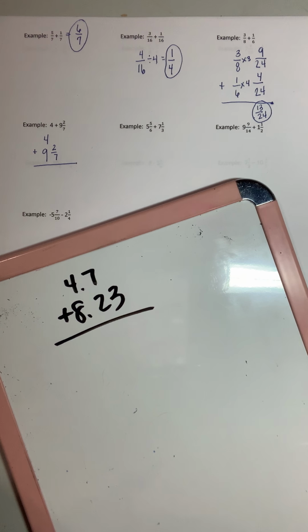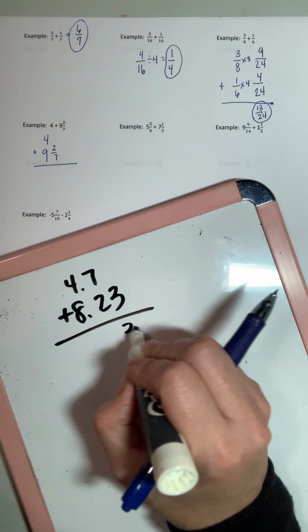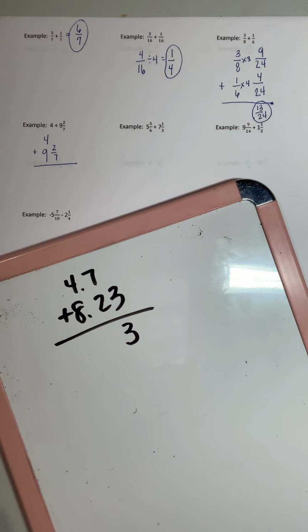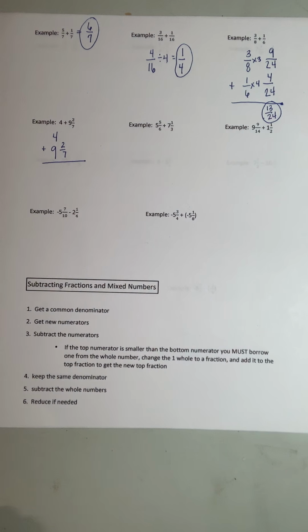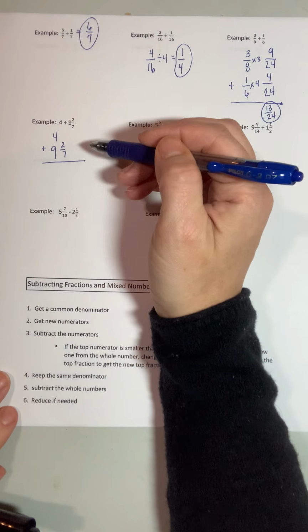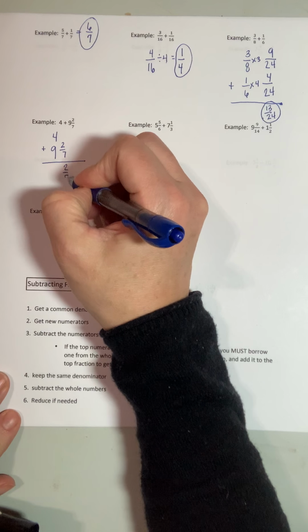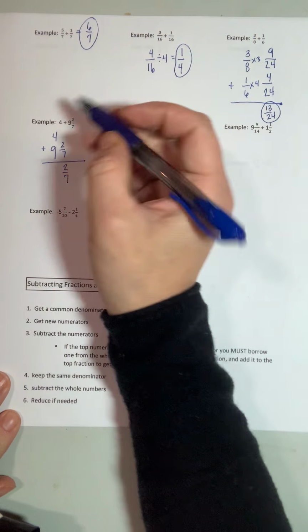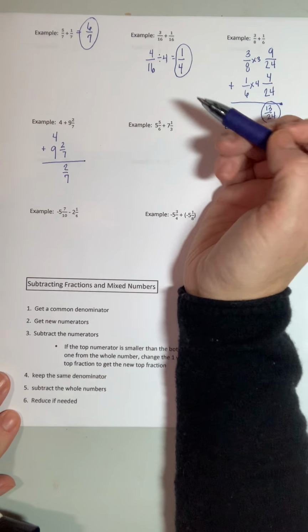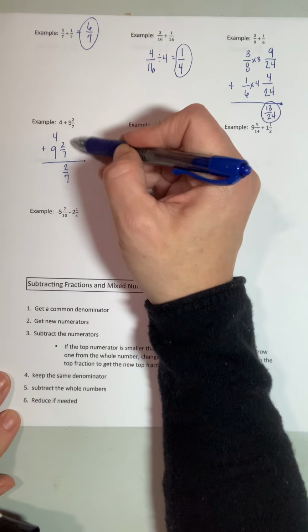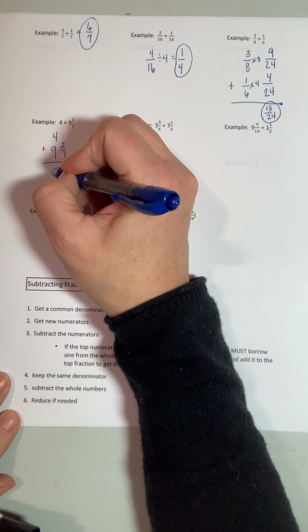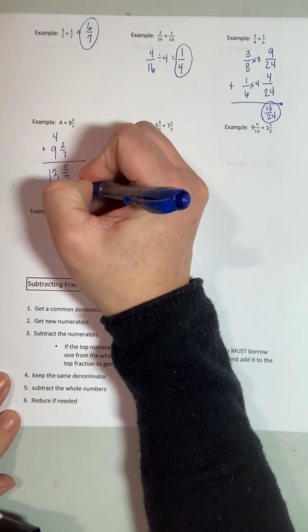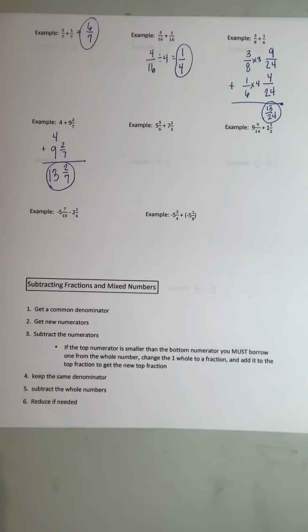If this was an addition problem, you would just bring the 3 down. Same with fractions. Since it's addition, you just bring the 2/7 down. You don't need to get a common denominator because I don't have another fraction. Just bring it straight down. Add your whole numbers, which is 13. It cannot be reduced. That one is done.